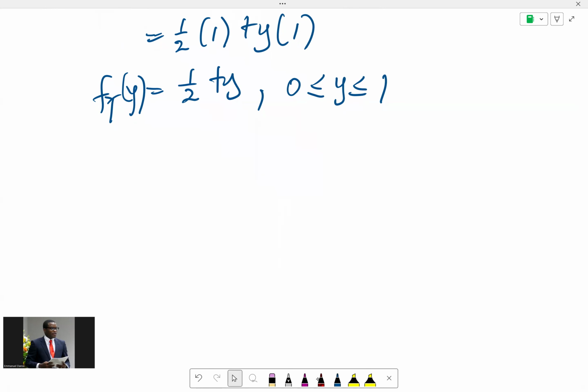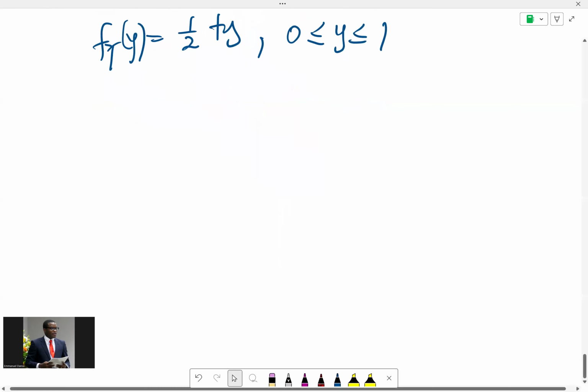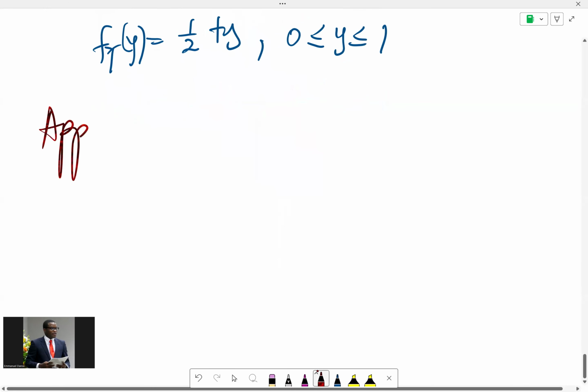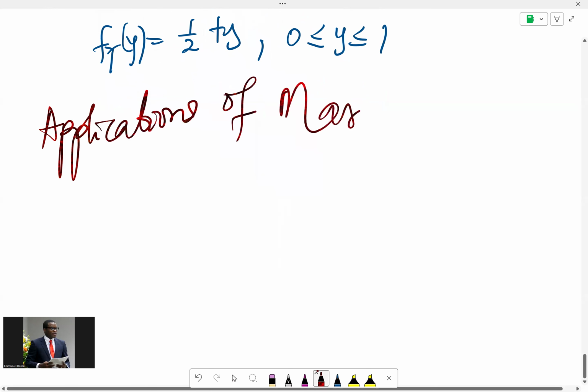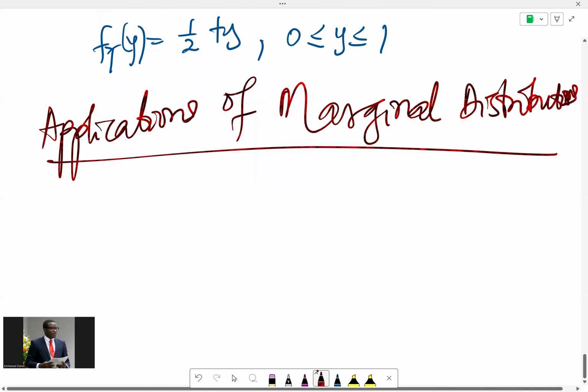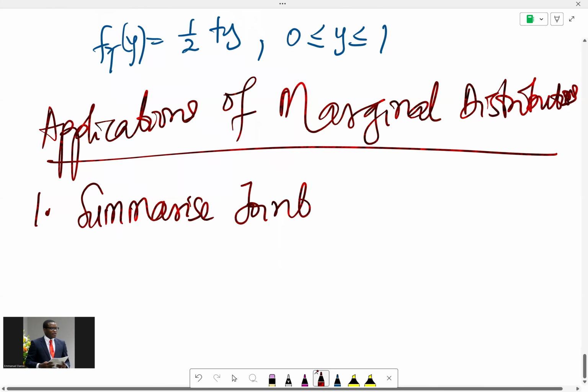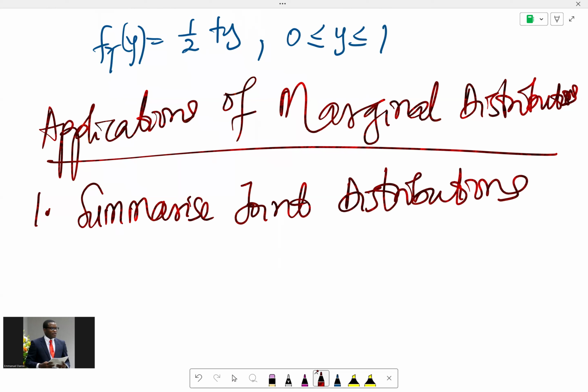So let's quickly talk about applications as this comes to an end. Applications of marginal distributions. One application is you can use it to summarize joint distributions. Marginal distributions provide a simplified view of complex joint distributions by focusing on individual variables.